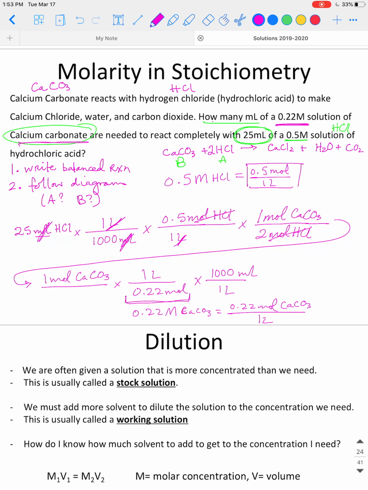Just to make sure you know why I plugged those numbers in the way I did, we wanted moles of calcium carbonate to cancel, and we were left with liters. Then we go from liters to milliliters, which is what our question is asking for.